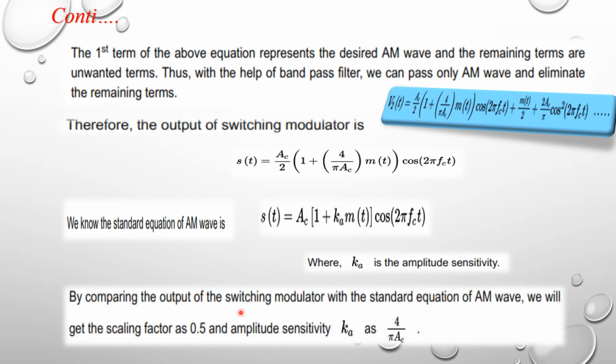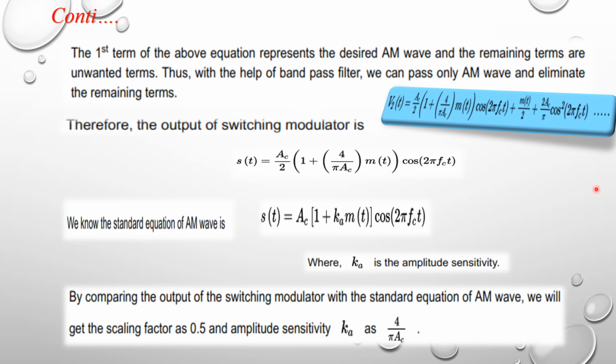By comparing the output of the switching modulator with the standard AM equation, we get the scaling factor as 0.5 and the amplitude sensitivity Ka as 4 divided by pi Ac.